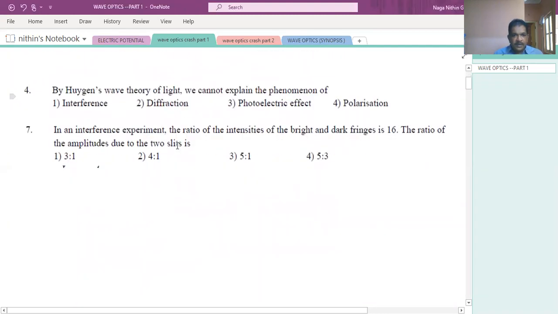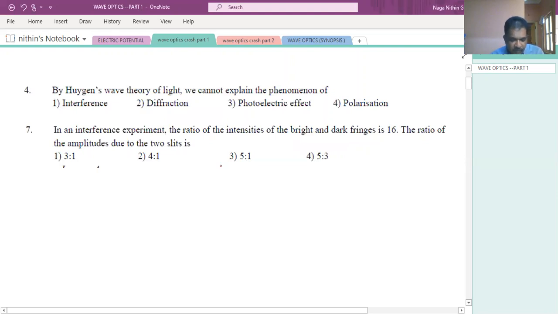Next, by Huygens wave theory, we cannot explain the phenomenon of interference, diffraction, polarization. Interference, diffraction and polarization will all be explained by Huygens wave theory. The photoelectric effect, however, is explained by Max Planck's quantum theory.